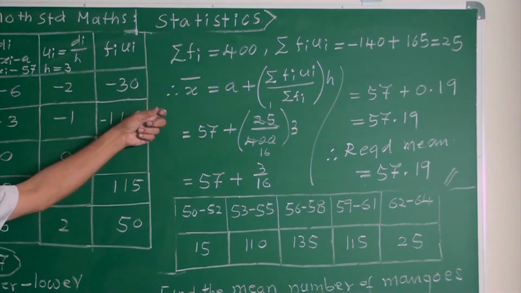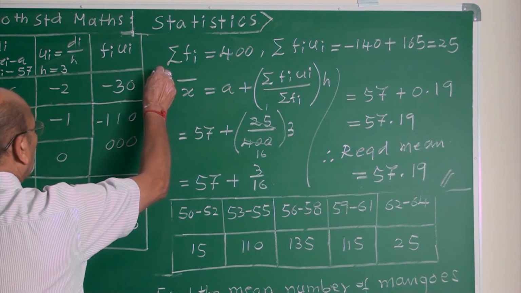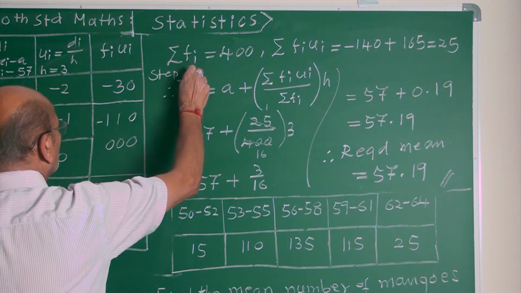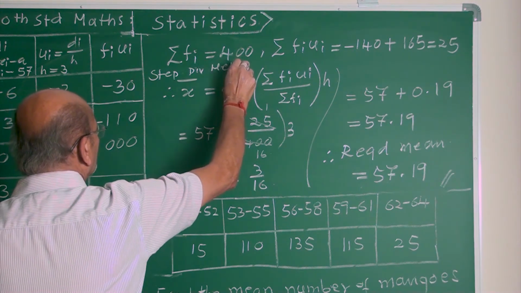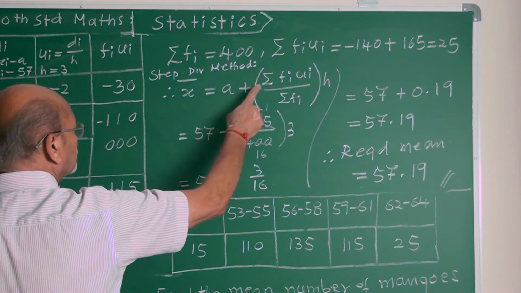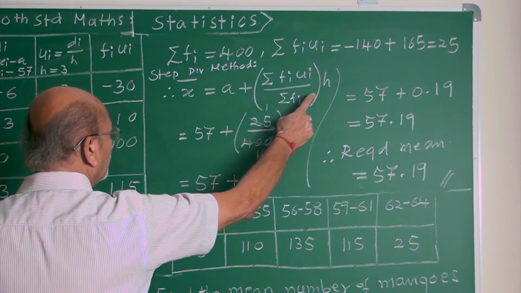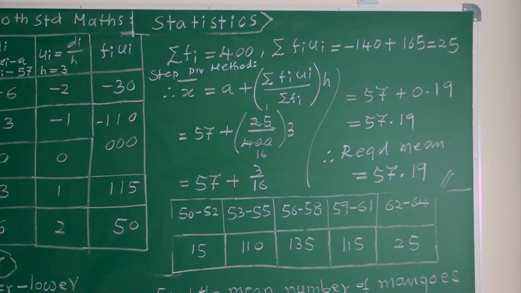Now this is the formula for the step deviation method. This is the formula, my friends: X bar equal to A plus sigma fi ui upon sigma fi, into h. You know the value, 57 here.